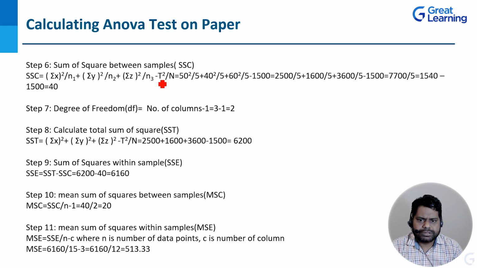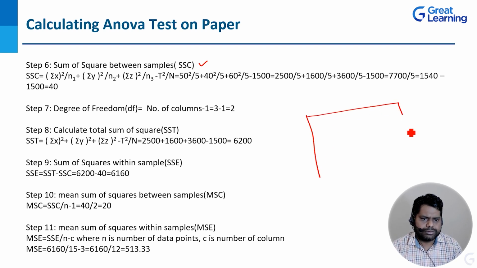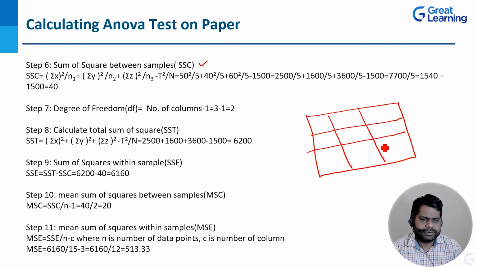Now next we will calculate the sum of squares between samples. Okay, let me explain what is between the samples and what is within the samples. So here we have some values.